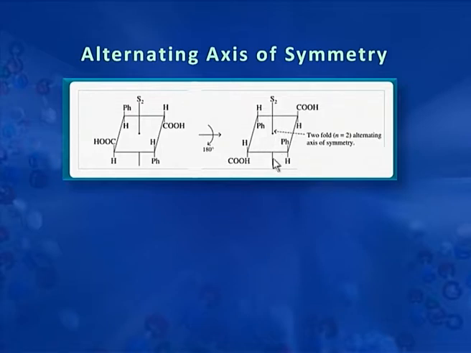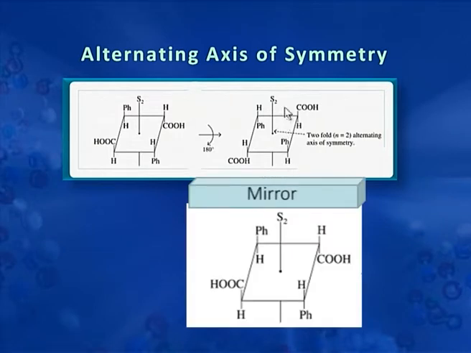Now, we have to see the mirror image of this situation across a mirror which is perpendicular to this axis, means here is the mirror, and let us see what we get as its mirror image. So, this is the mirror image of this molecule. The carboxyl which was going above will be going down here, and this carboxyl which was going down will be above the plane.